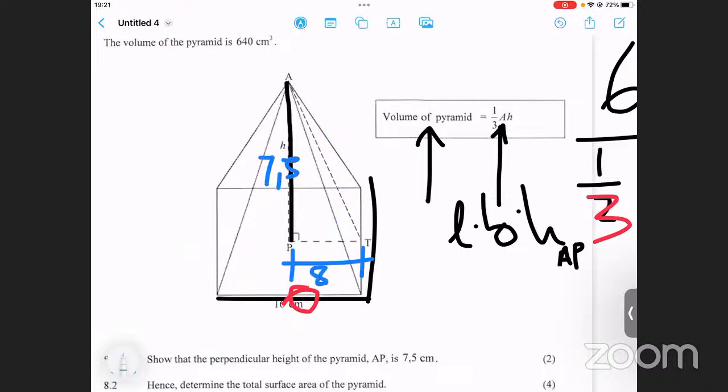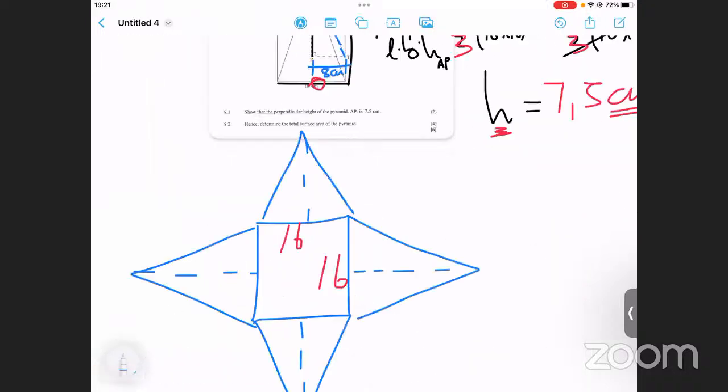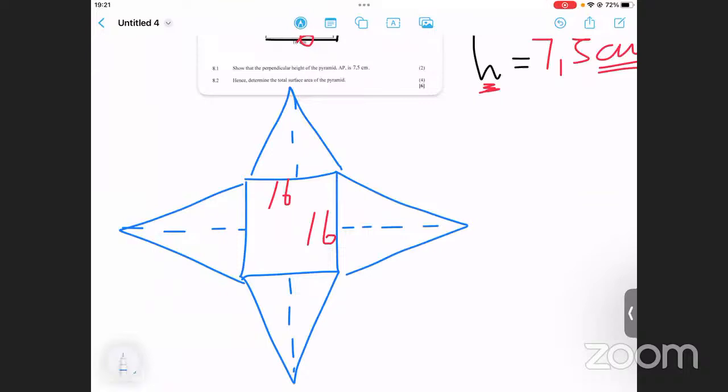Is it not 8, being half of that 16? Then can we not try to find out what that dotted line is? In that way, we will know what that dotted line is, and then it becomes easier to calculate the area of that triangle.